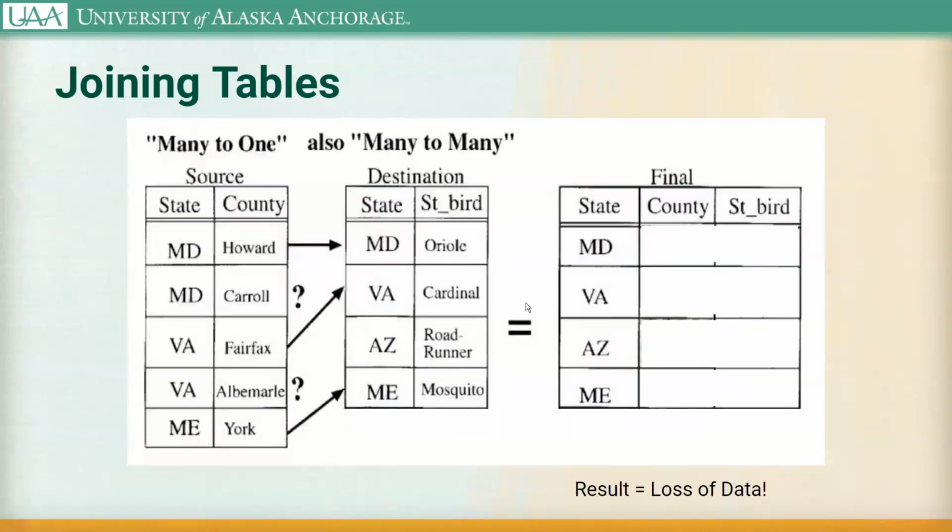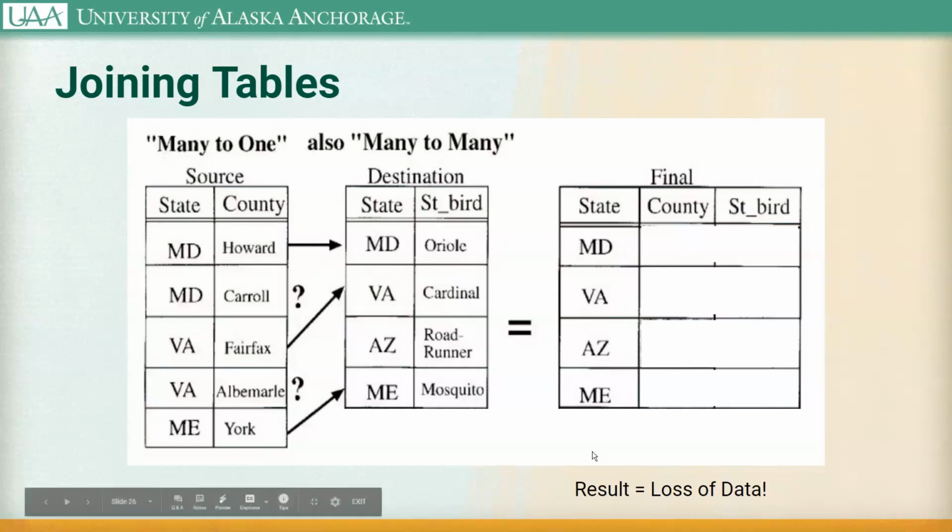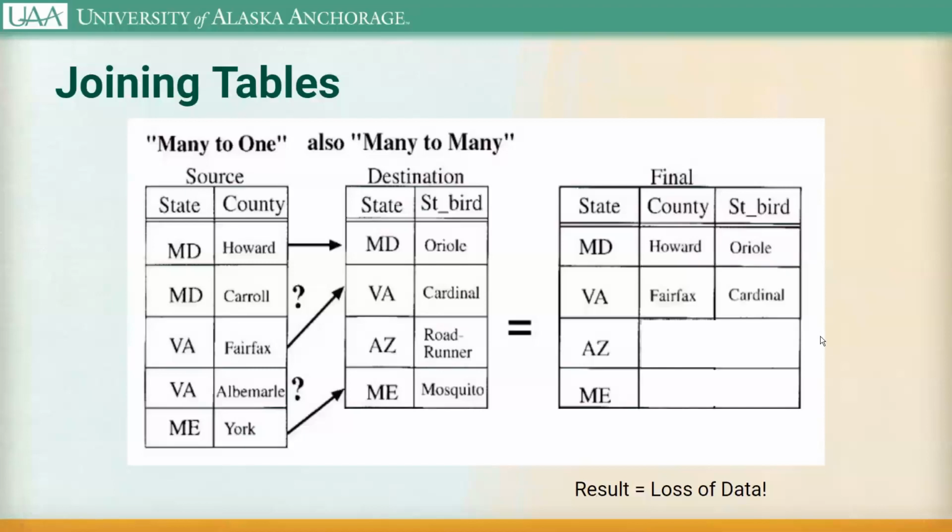But then when you have a more complex relationship, then it can start to get a little bit confusing, right? Going the other direction. If I want to end up with a list of only unique state birds, so now I'm going the other direction, you have to make decisions on which counties you're going to include in that list.